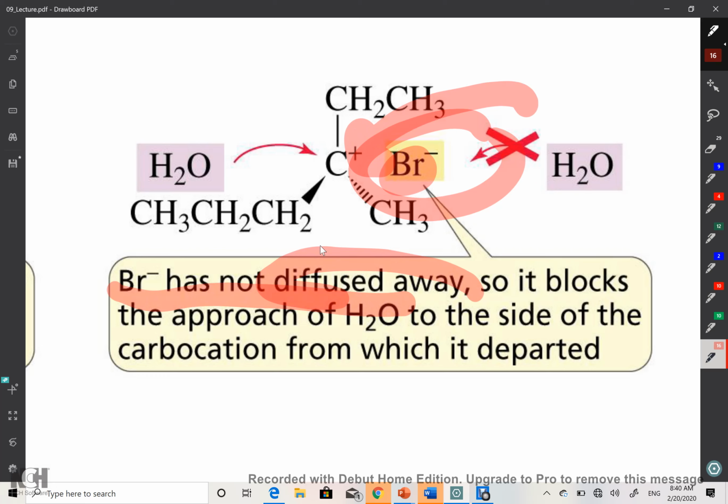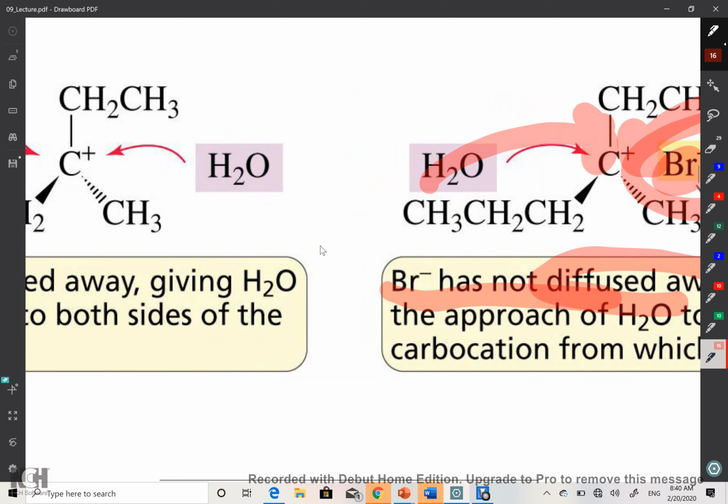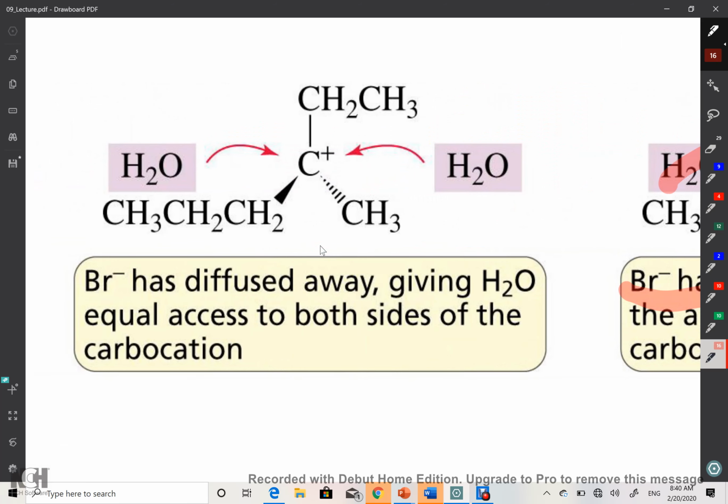So that road is blocked, and it gives room only for the nucleophile to attack from behind. Does that make sense? But if your leaving group completely leaves, it gives equal chances, and that's why you can have a perfect racemization.